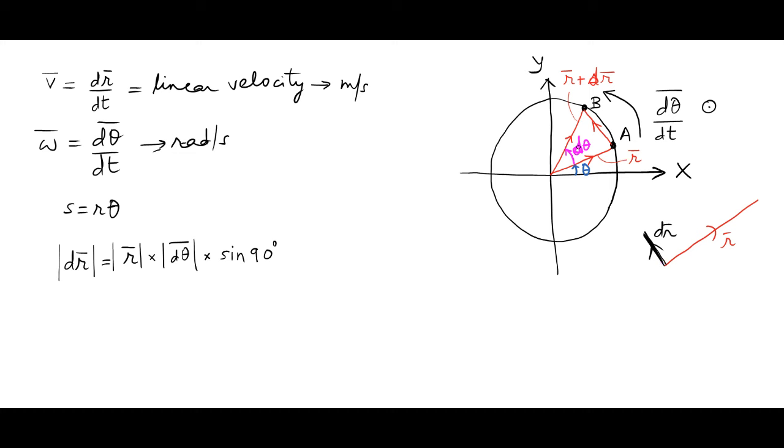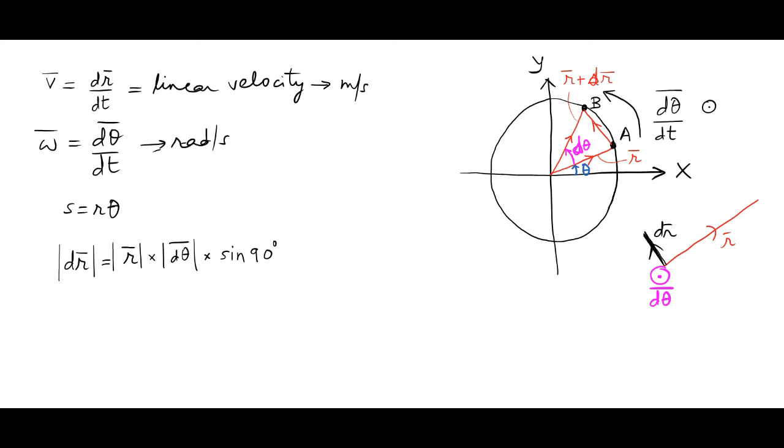So apply the right hand rule to d theta bar, and you get a vector which is coming out of the plane of the computer screen. So I'll write it over here. That represents d theta bar. As you can see, these three vectors r bar, dr bar and d theta bar, which are involved in this multiplication, are mutually perpendicular.